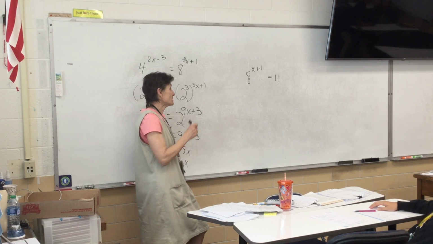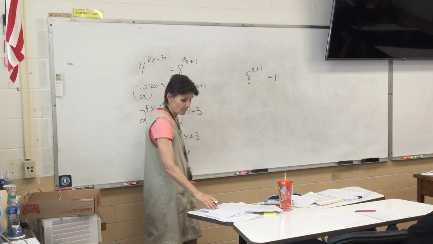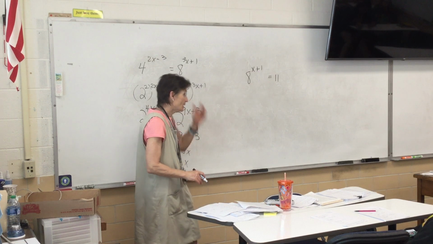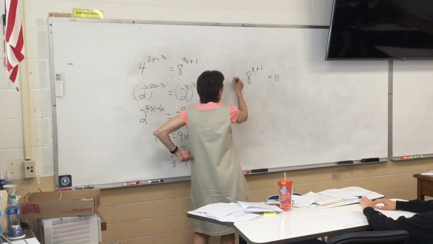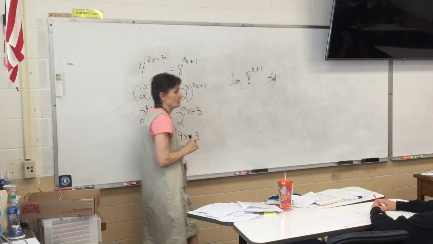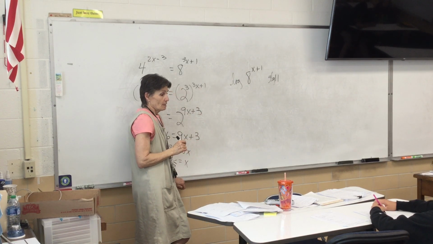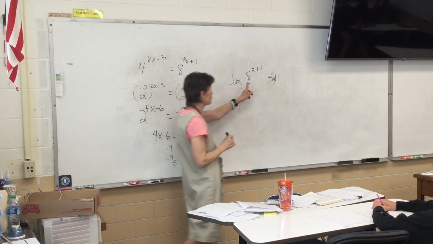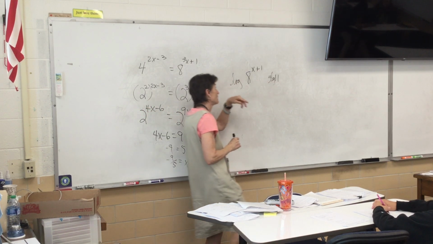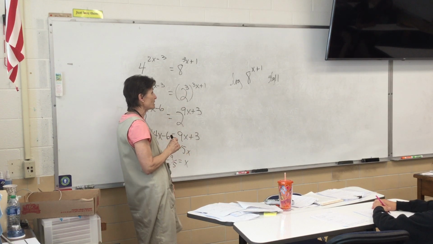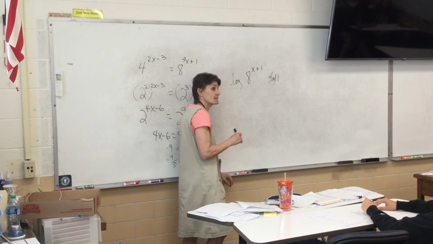No. So this is a calculator problem, because the only way to do it is to take the logarithm of both sides. If you can't make 8 and 11 the same, the way we made 4 and 8 the same, then you need logarithms.